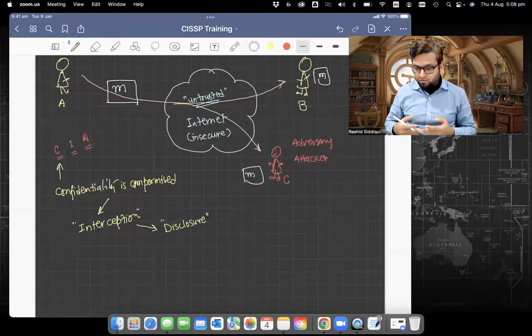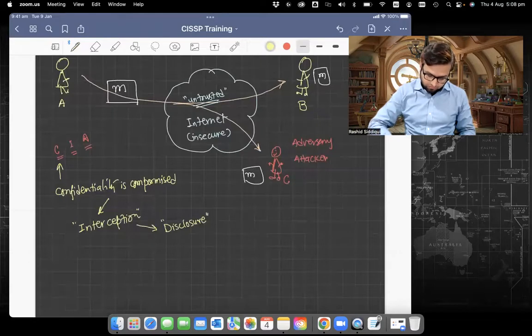The message is disclosed. And what is compromised in my CIA triad is confidentiality. What could have stopped this? The only thing which could have stopped this is what we call encryption.